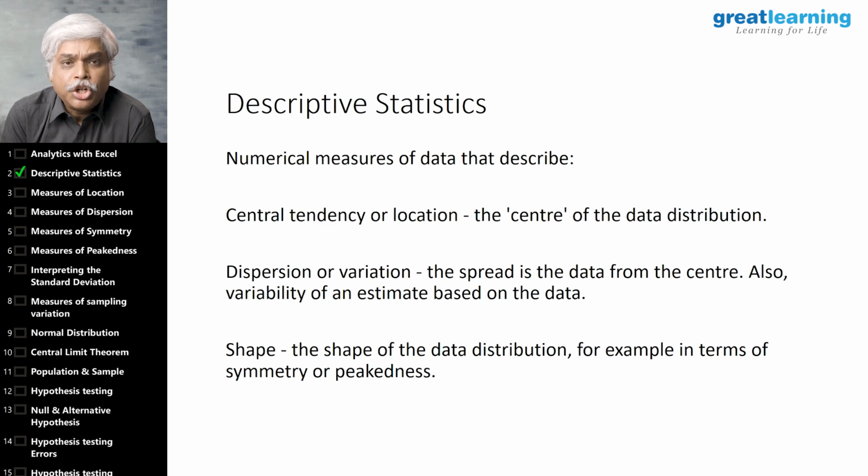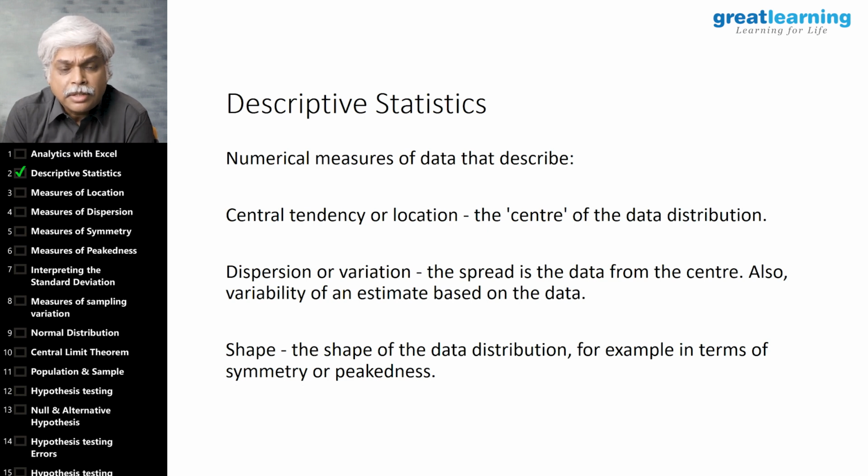In it, we shall talk about several ideas, the first of which is the idea of central tendency or location. Where is the data located? If I were to use one number to describe the data, what would that number be? How can one interpret it? And what does that mean in different situations?